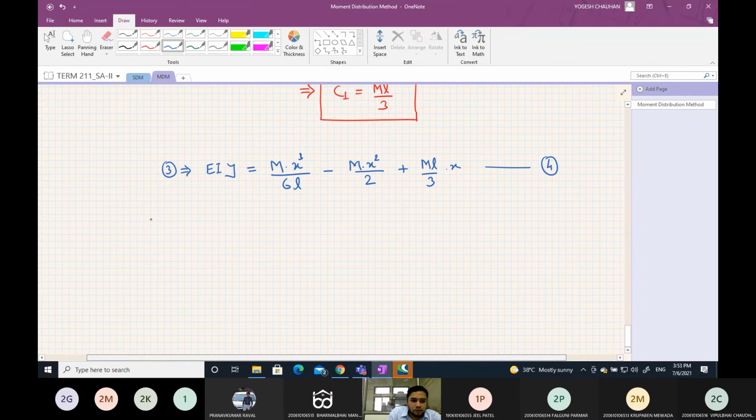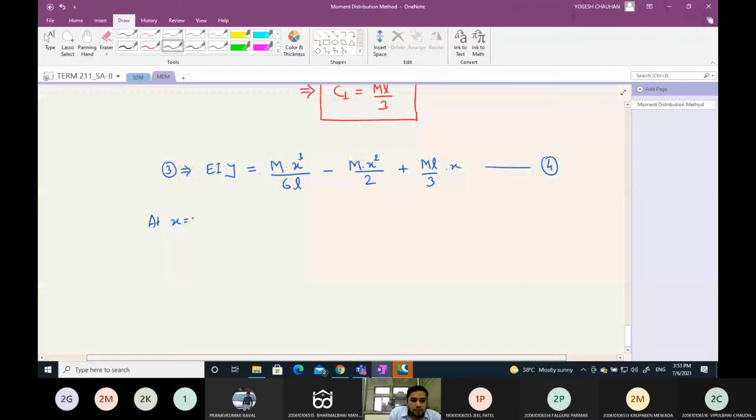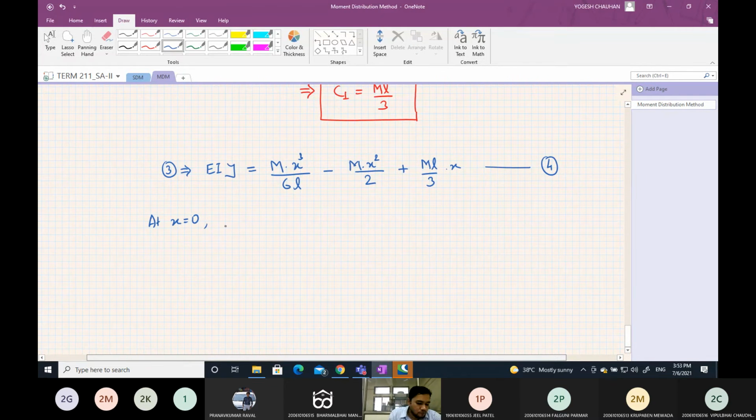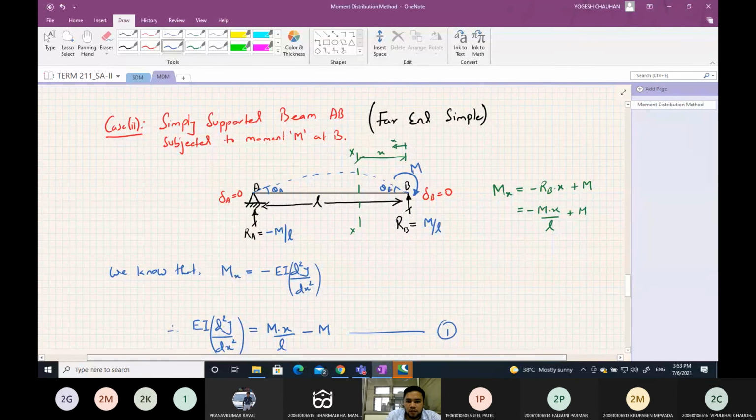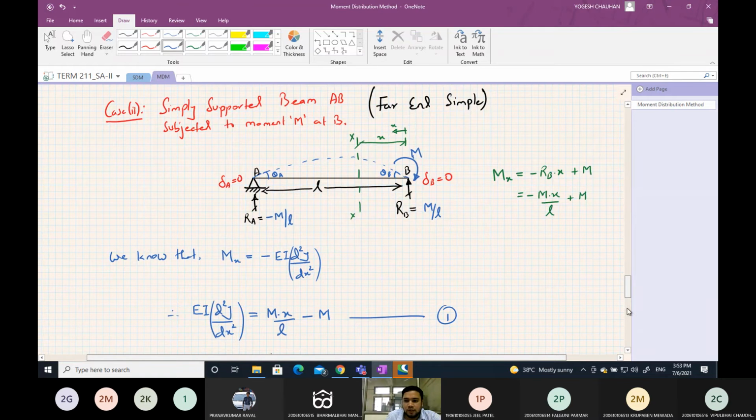Now at x equals to 0, the slope, which means theta B, that is dy by dx.